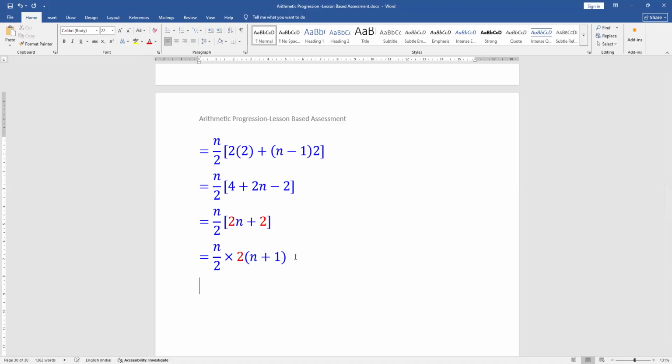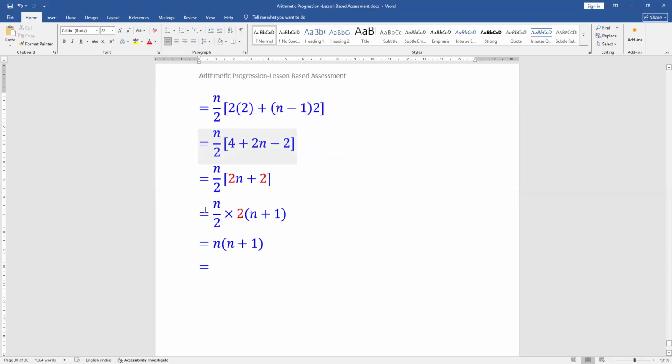Next, what happens now? So I cancel the 2s now. Okay, if the 2s cancel, what happens? n remains. n into n plus 1. So n into n is what? n square. n into n is n square.